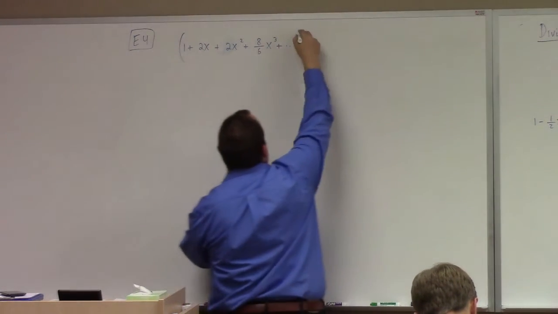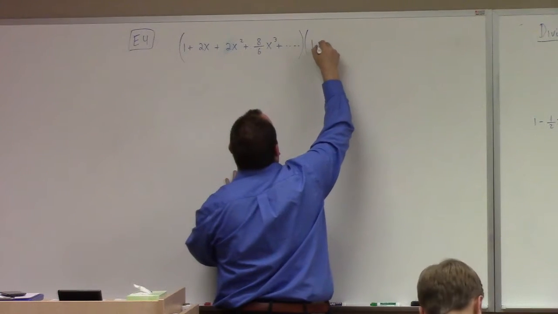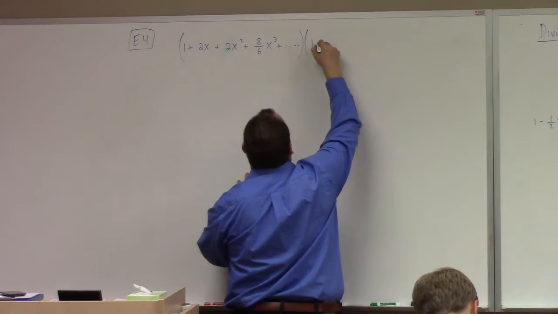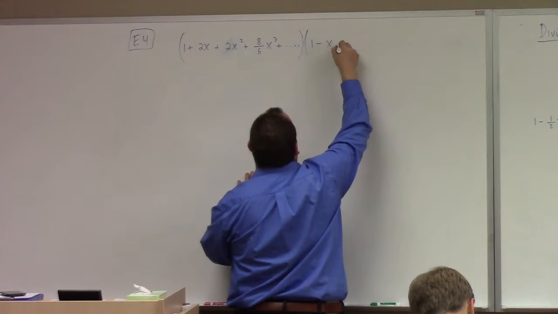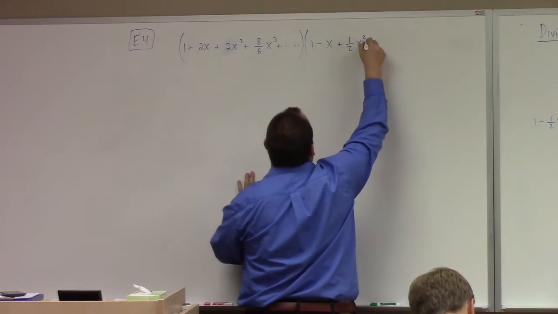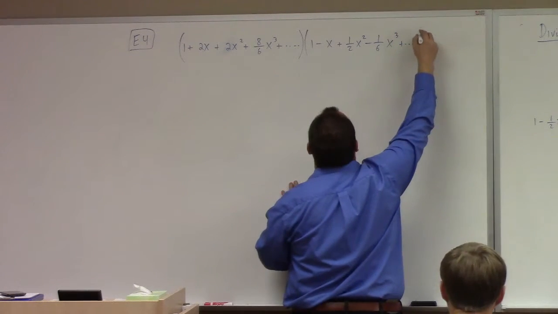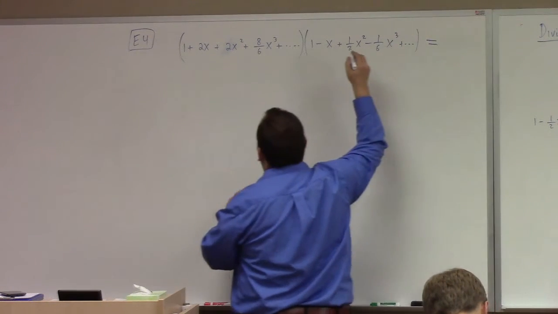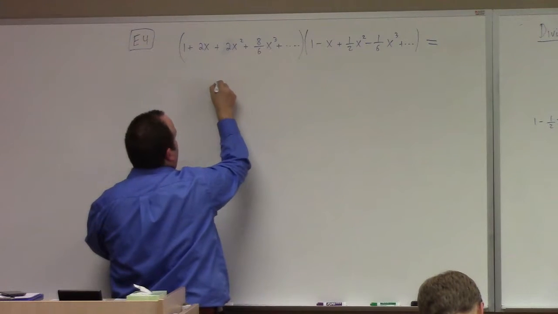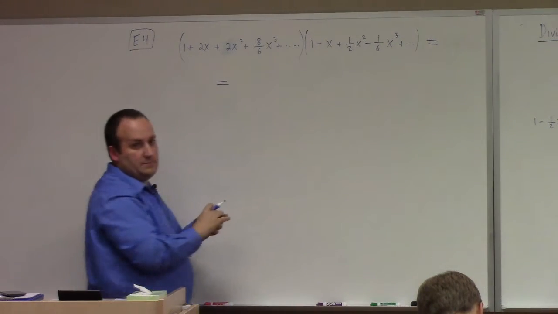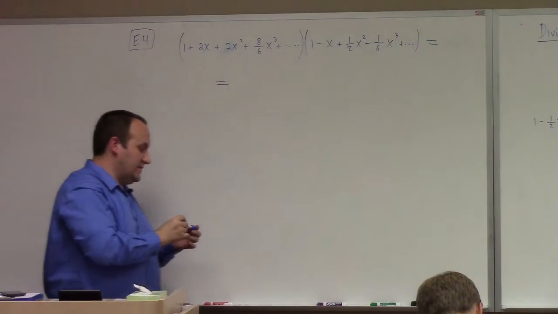Let's multiply that by 1 minus x plus 1/2 x squared minus 1/6 x cubed plus dot dot dot. Let's multiply these series to third order. How do you do that? How do you multiply series?